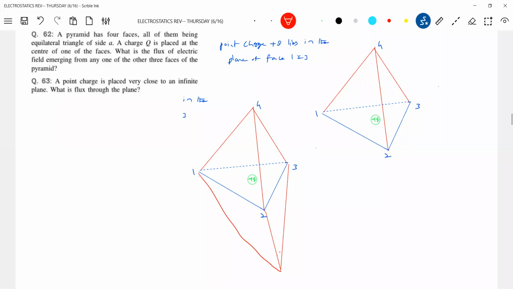So I'm unable to get the diagram. I wanted to give a plane diagram, I'll give it.